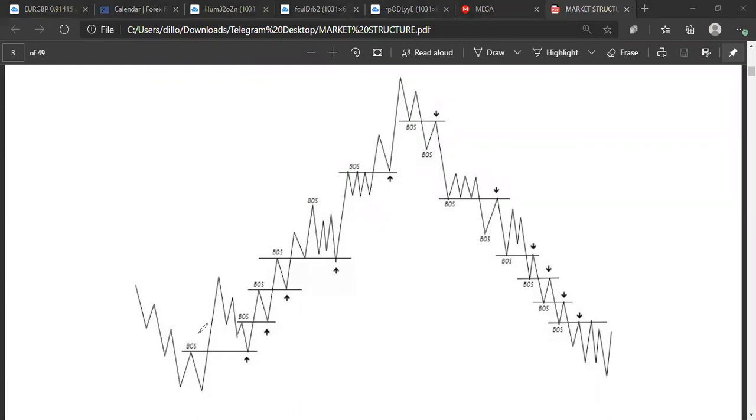Just looking at this picture, you can maybe understand what we're going to talk about. We're going to be talking about breaks of structure, like so, and then catching entries on the pullbacks here, like this. Break of structure, catching this entry on the pullback here, right?